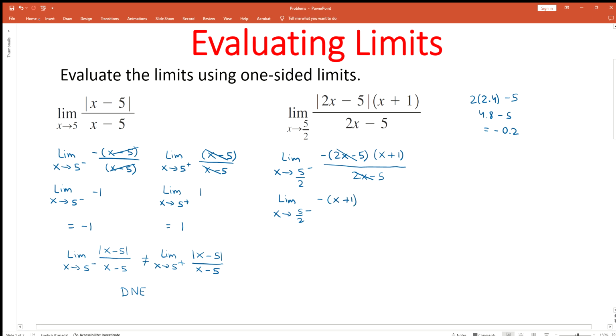We should sub in x as 5 over 2. Five over 2 is equal to 2.5. The left-hand limit is equal to negative 3.5. Now we can evaluate the right-hand limit.